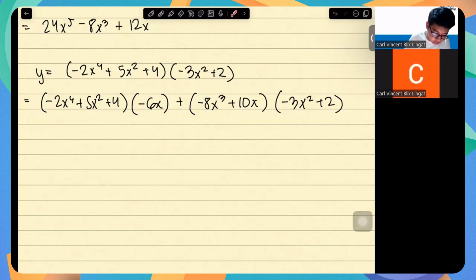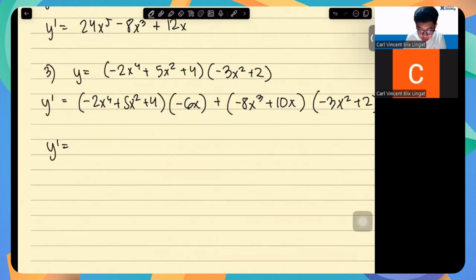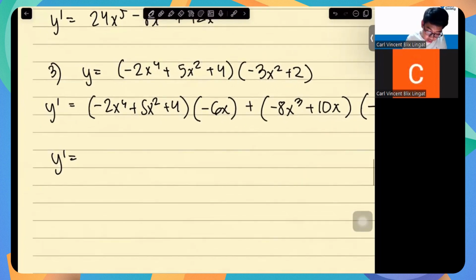So we have y prime equals, well, let's just distribute the negative 6 into the parentheses. So we have negative 6 times negative 2x raised to 4, that's 12x raised to 5, plus negative 6 times positive 5, that's negative 30x cubed.